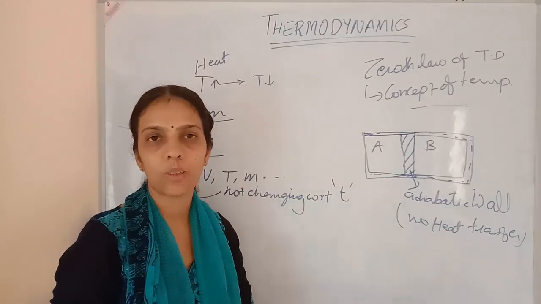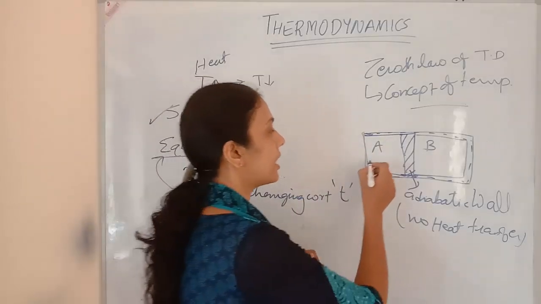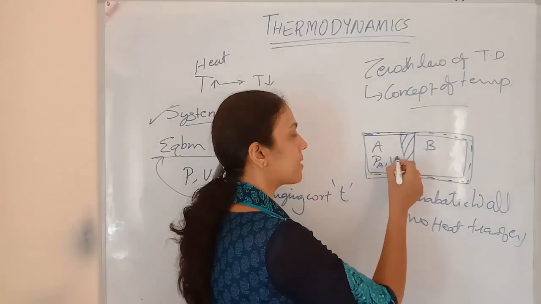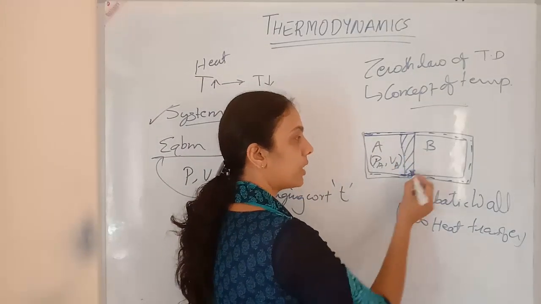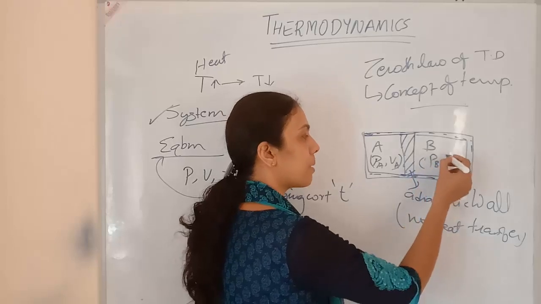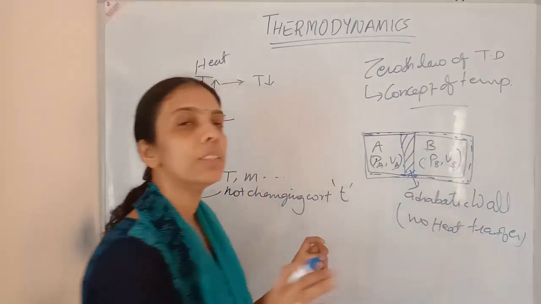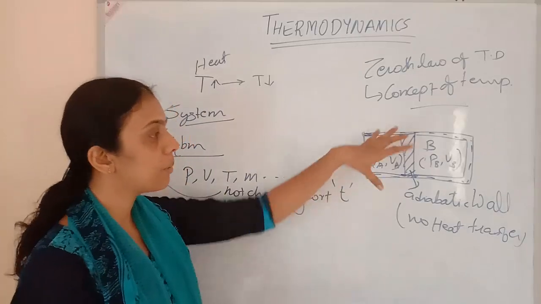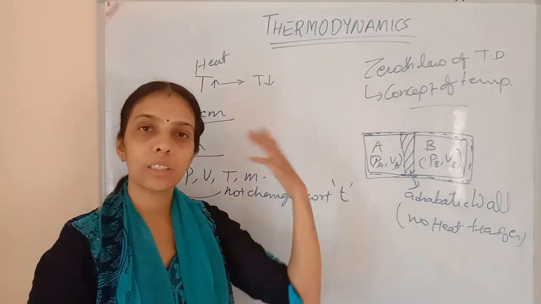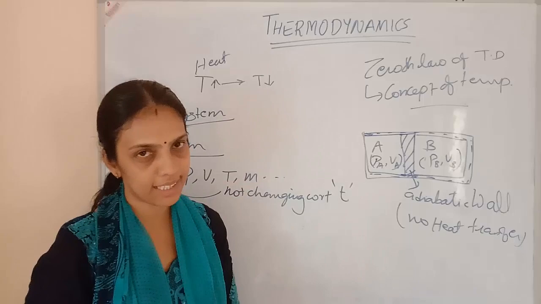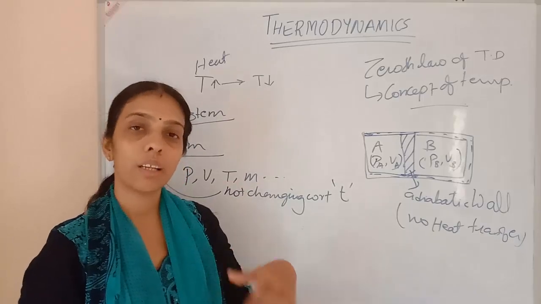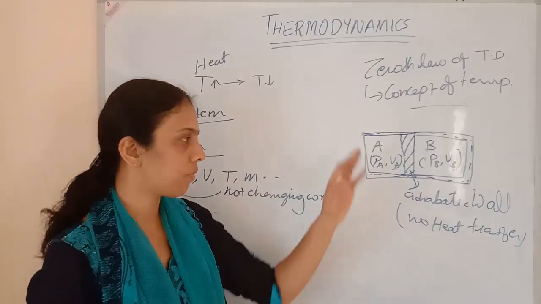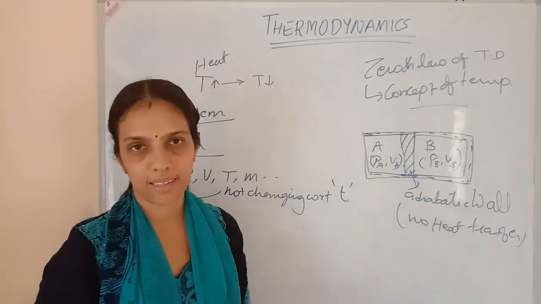No heat transfer, so nothing will be happening. If PA, VA is the pressure and volume here, and PB, VB is the pressure and volume there, they will exist like that because it is thermally insulated. No heat energy can be released or accepted, so it will exist as such.